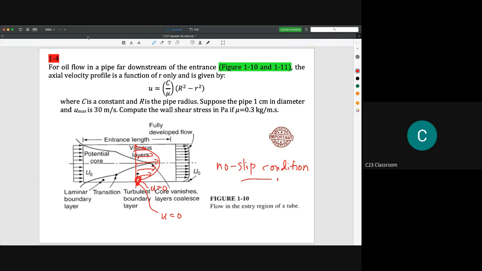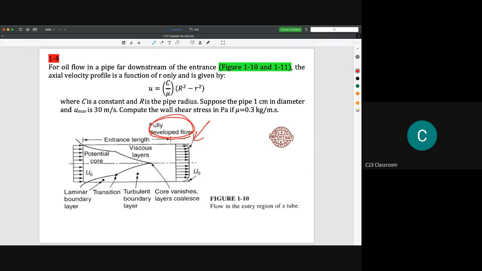But what you need to understand here is that we have two types of situation. One is flow in pipe, which is shown in this diagram, and the other is flow around a bluff body. We go for the flow in pipe first. Normally in flow in pipe we assume the flow is steady, meaning fully developed flow.